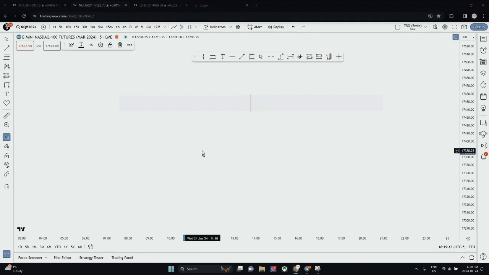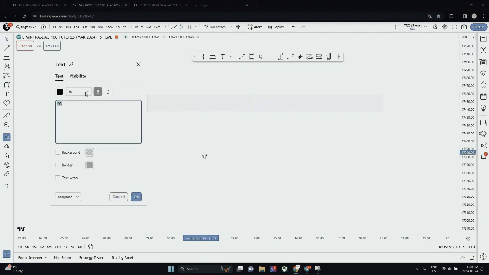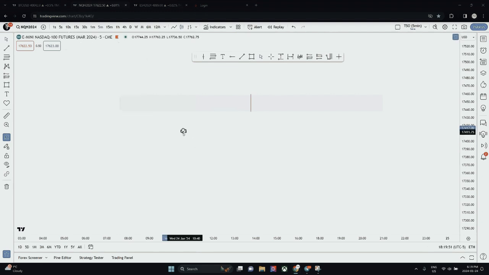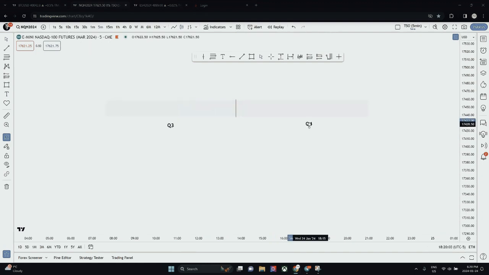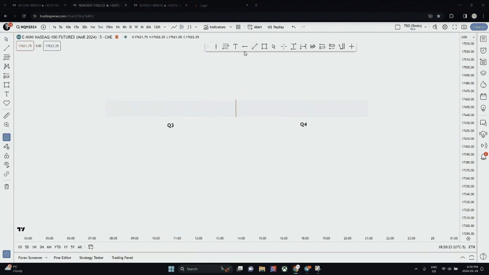Because it looks simple, and it is simple, but it's amazing. And I need you guys to show me examples when you do your executions, when you do your trades or whatever, right? So we have Q3 and we have Q4. What you're looking for is SMT.